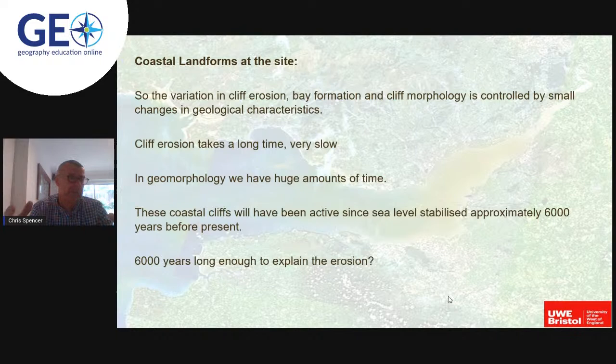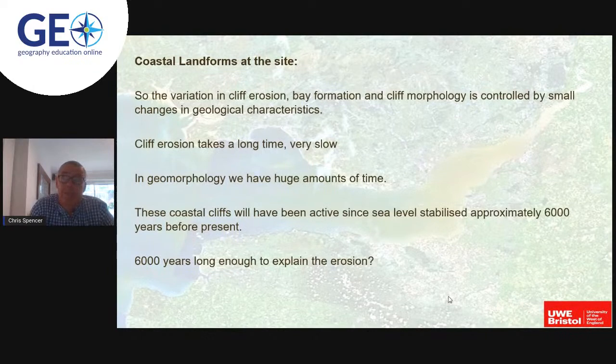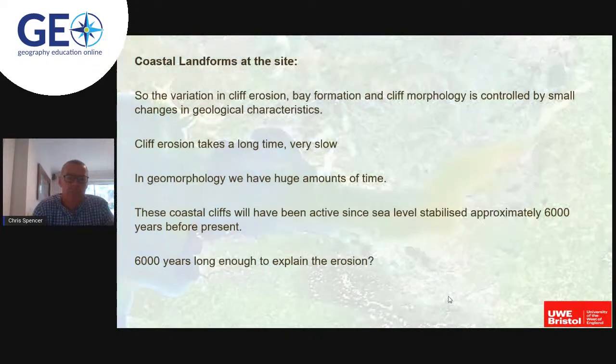Cliff erosion is really slow, in the order of maybe millimeters to centimeter, a centimeter in a really high energy year, millimeters in normal years. But in geomorphology, we have loads of time. So even though we've got very slow erosion, adding that up over many, many thousands of years, it can start to explain the cliff erosion that we see.